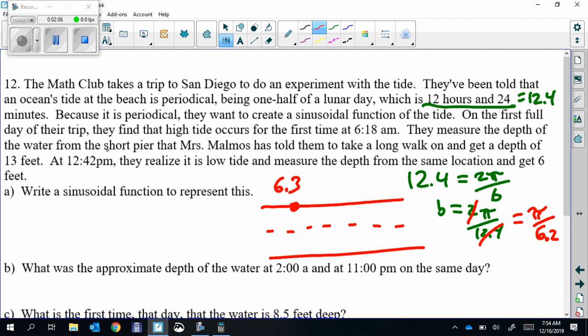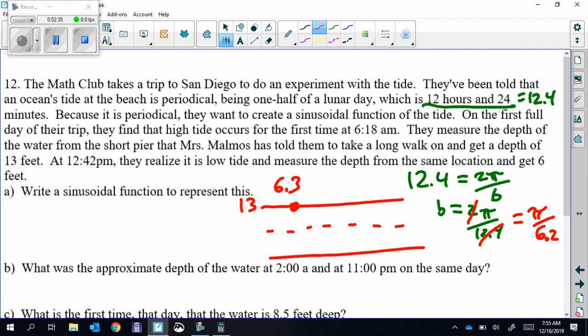We measure the depth of the water, and it's 13 feet. At 12:42, which, doing some math there, that's 6 hours and 24 minutes. I think that's actually the wrong time. It's supposed to be 6 hours and 12 minutes later, but whatever.